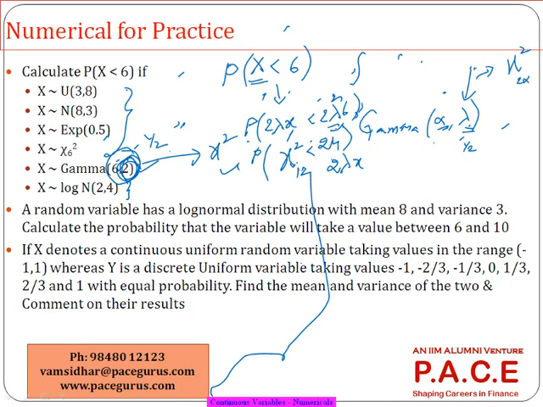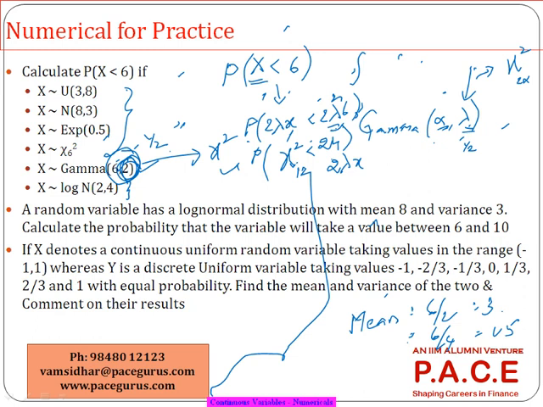So gamma of 6 comma 2 is nothing but, what is the mean of it? Mean is alpha by lambda, which is 6 by 2, 3 only. And the variance is alpha by lambda square, which is 6 by 4, 1.5. So what you can very well say is he is asking for a value less than 6.